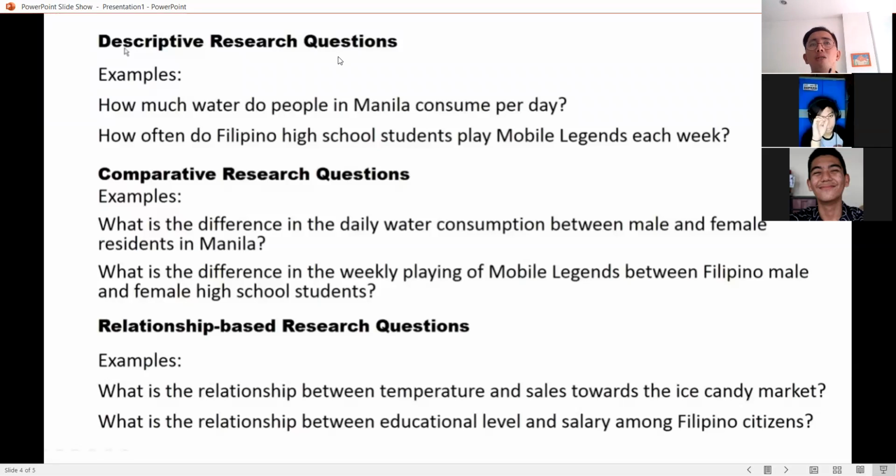In comparative research questions, as what I said, gina-measure yung relationship and ang differences. What is the difference in the daily water consumption between male and female residents in Manila? Okay? What is the difference in the weekly playing of Mobile Legends between Filipino male and female high school students? So, sa comparative research question, ginpasulod na class ang gender.